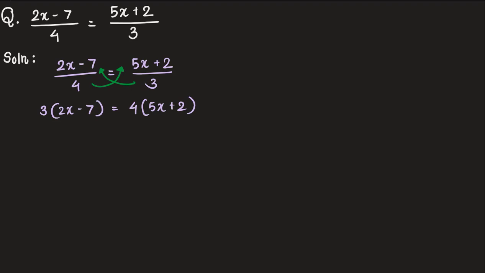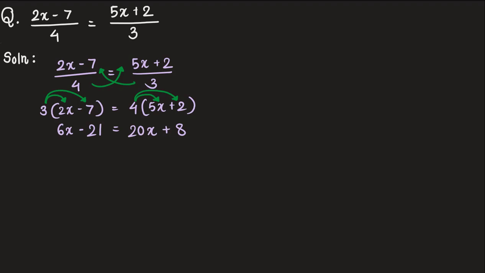We multiply the first bracket first, then the second. 3 into 2x is 6x, and 3 into 7 is 21. 4 into 5x is 20x, and 4 into 2 is 8. The sign remains the same after multiplication also.